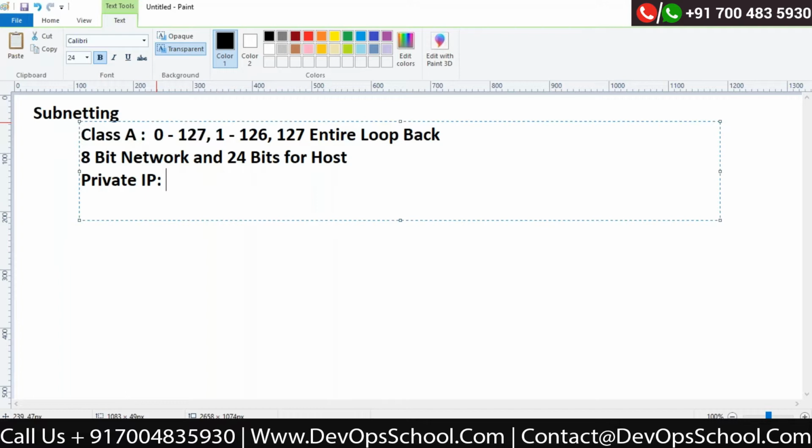A public IP address helps you to connect your devices to the internet. Absolutely fine, Divya. Absolutely fine, Kalvani. Thank you, Deepika.